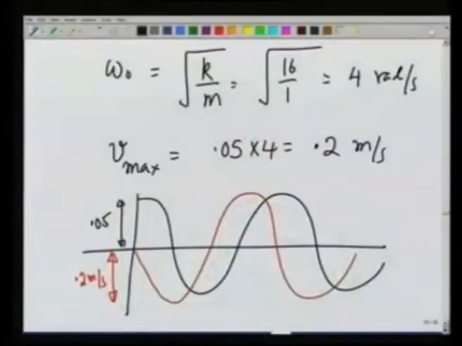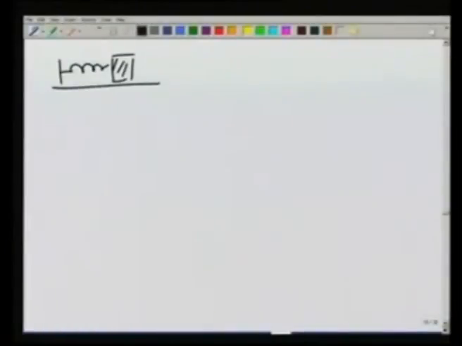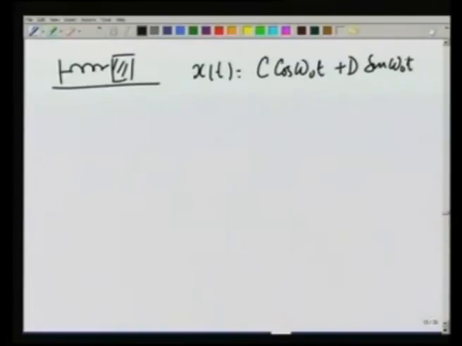Now let me take the same system whose solution we have already determined is x(t) is equal to c cosine of omega 0 t plus d sine of omega 0 t, where omega 0 is equal to square root of k over m, which is equal to 4 radians per second.